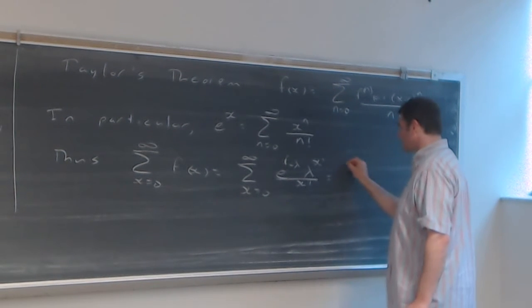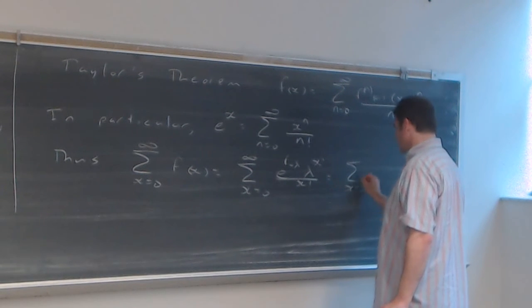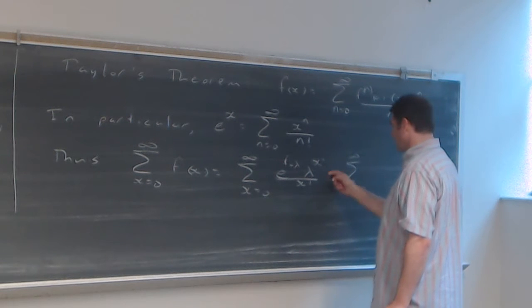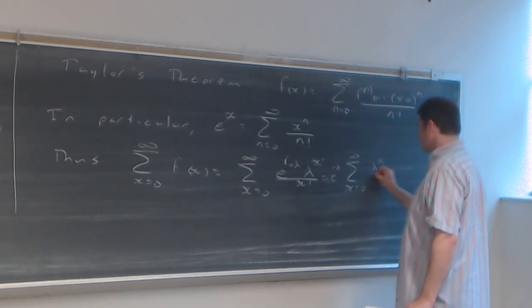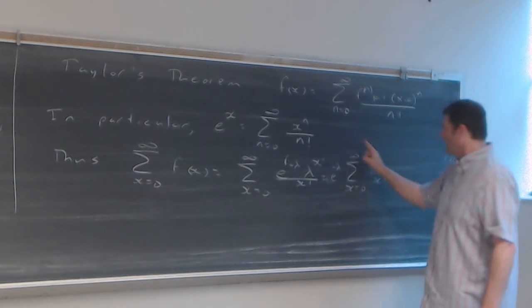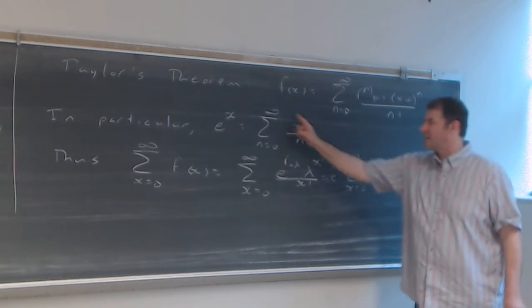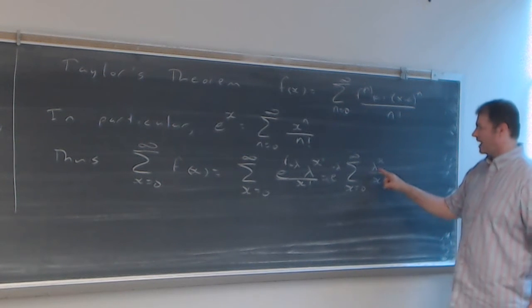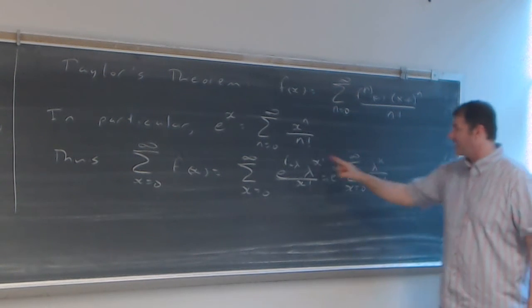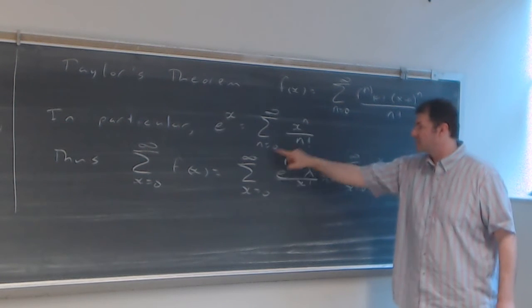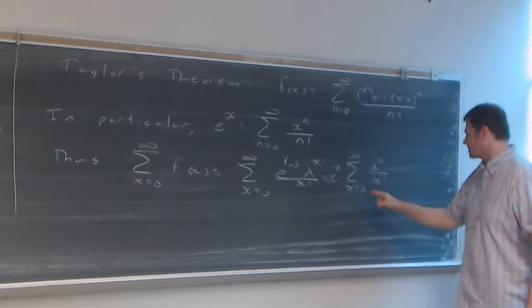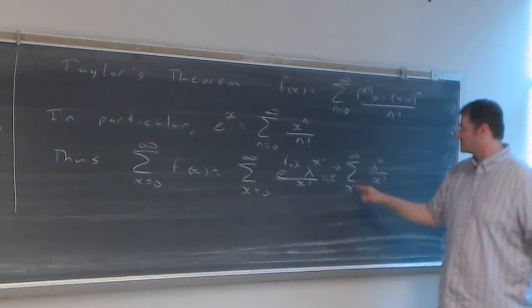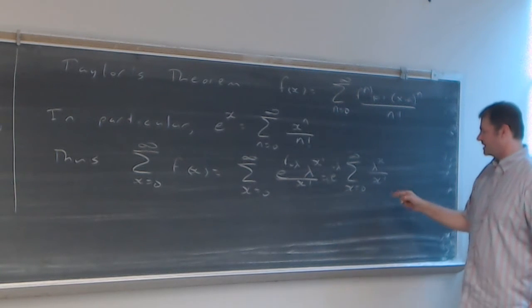Well, I can take out the e to the minus lambda, and then I have lambda to the x over x factorial. If you compare this sum to what's written here, you have something raised to the index, all over the index factorial, with the index running from 0 to infinity. It's the exact same thing.